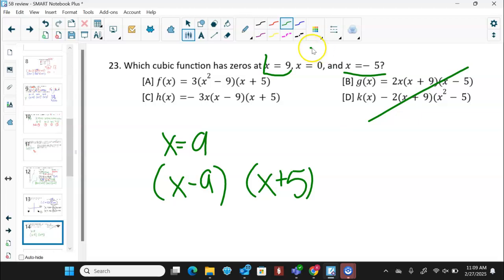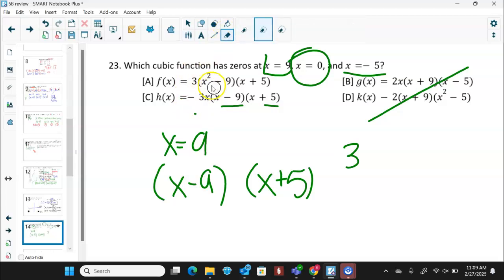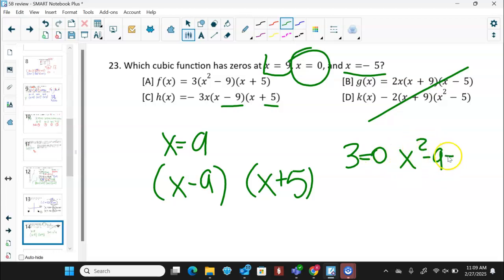Now I also have a 0, and I'm wondering where I got it from since I don't see the two factors. Well, you've got a 3 and a negative 3x. If I go backwards and set each factor to 0: negative 3x equals 0, x squared minus 9 equals 0, and x plus 5 equals 0.